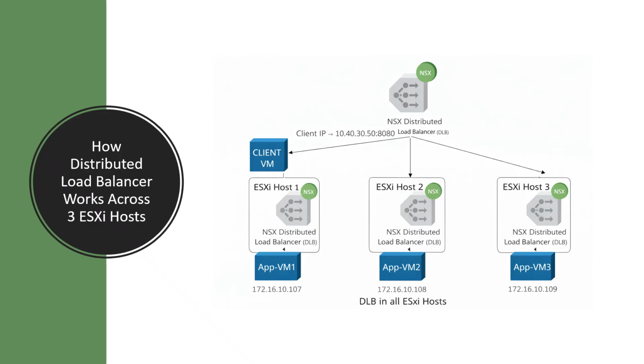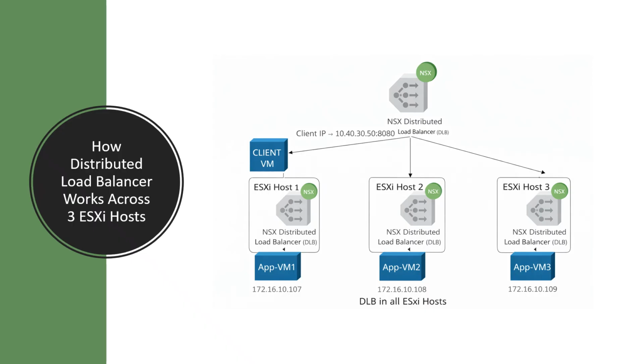When the traffic hits this load balancer IP, someone has to take a decision to share the load across all three VMs. So the decision-making point is the client VM's ESXi host. The distributed load balancer will decide where the traffic should go, and ESXi host 2 and ESXi host 3 are not involved in that decision.